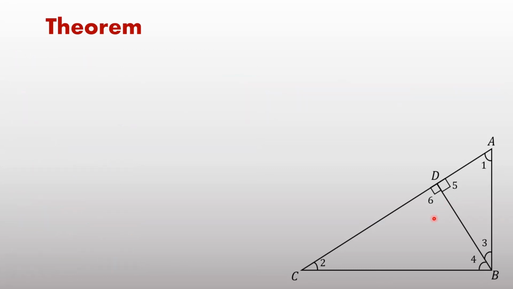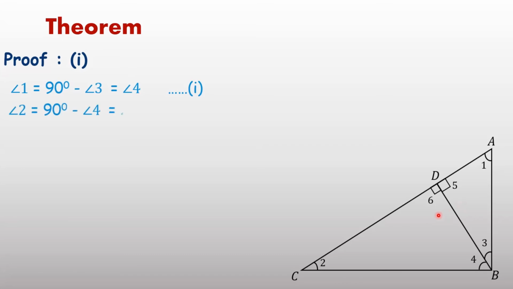Now the proof. In the first part, we have to prove these two triangles are similar to each other. For this, observe angle 1 in right angle triangle ADB, where angle 5 is 90 degrees.